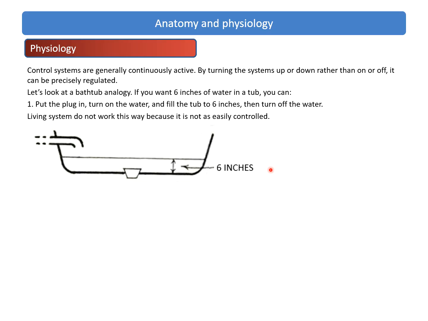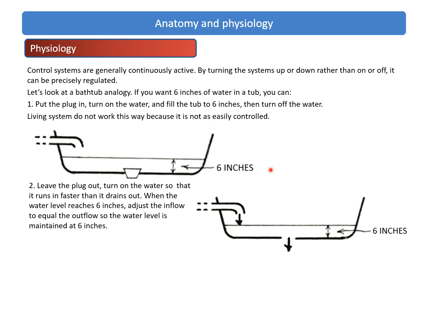Living systems don't work this way because it is not easily controlled. Instead, leave the plug out. Turn on the water so that it runs in faster than it runs out. When the water level reaches 6 inches, adjust the inflow to equal the outflow.